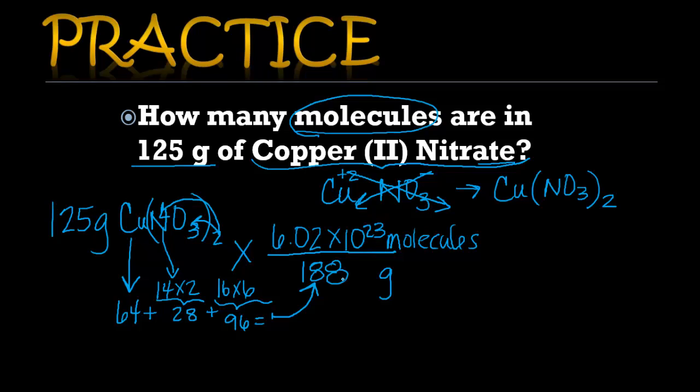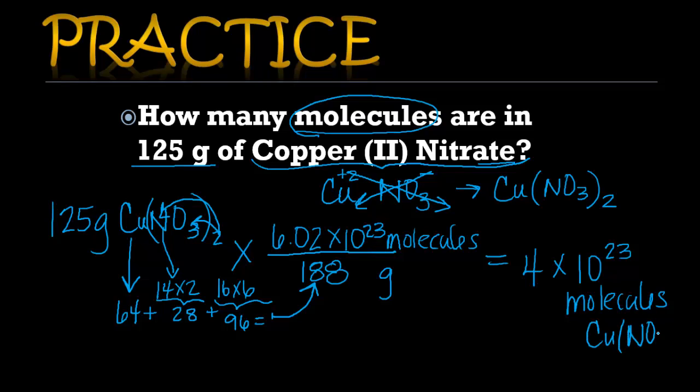And then you are going to take that and divide it by 188. And we are going to get 4 times 10 to the 23rd molecules of Cu(NO3)2.